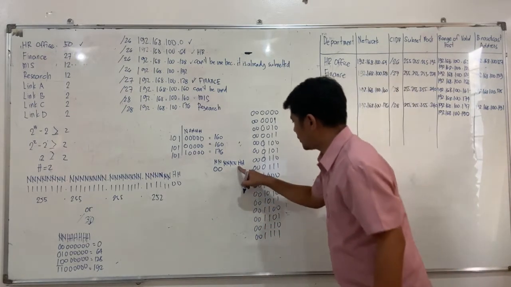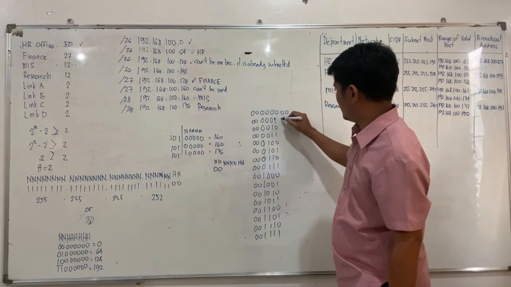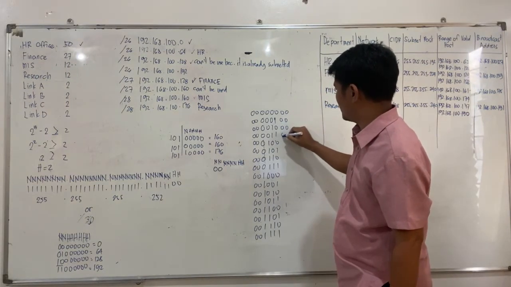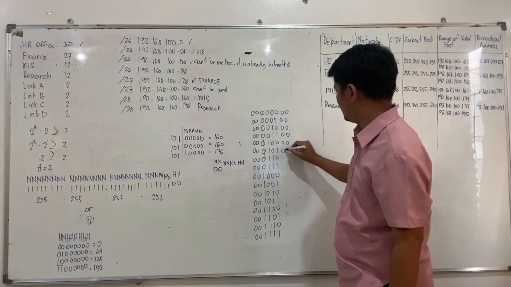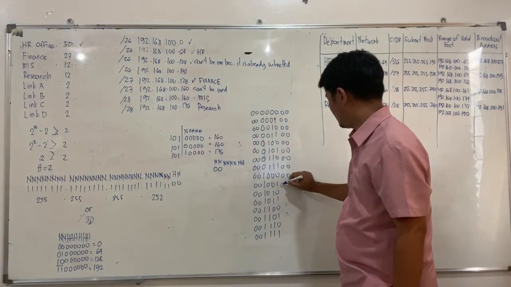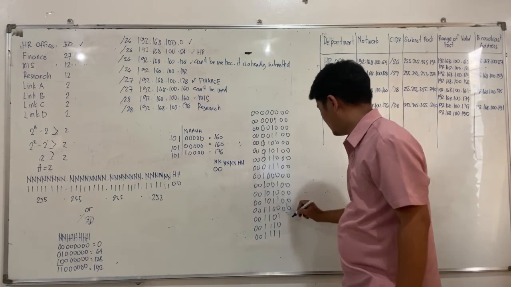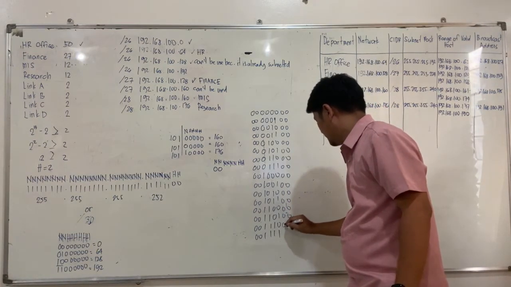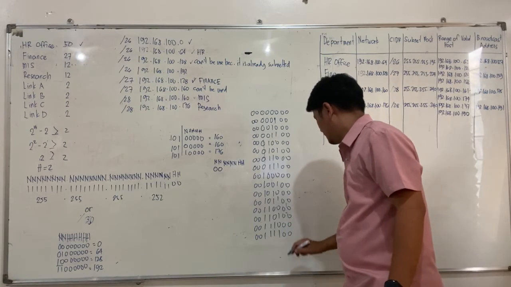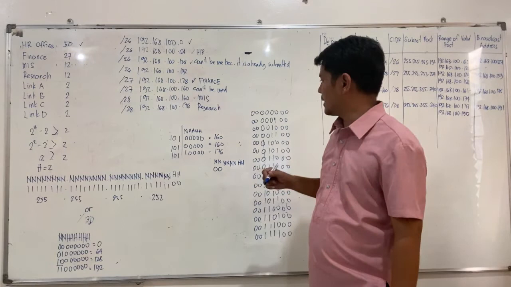And then for the host, assign 2 zeros as well. And then convert this into its decimal equivalent.